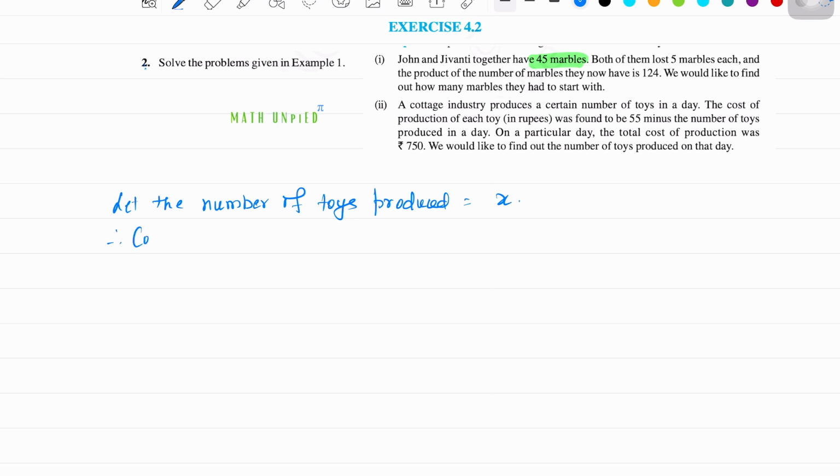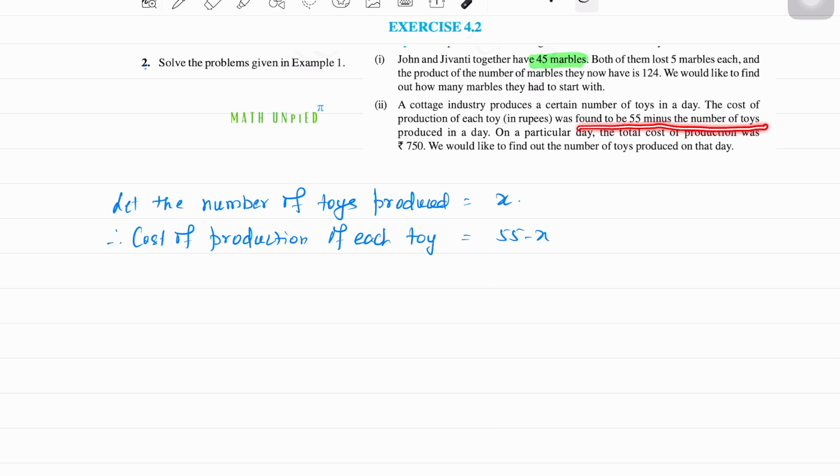Therefore, the cost of production of each toy equals 55 minus x. How did we get this? It's given in the problem. Cost of production of each toy was found to be 55 minus the number of toys. The number of toys is x. So that's how we got this.